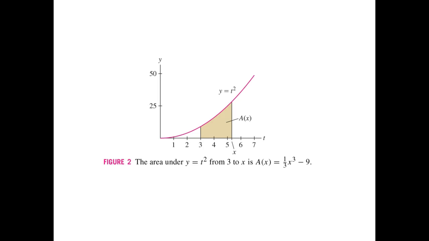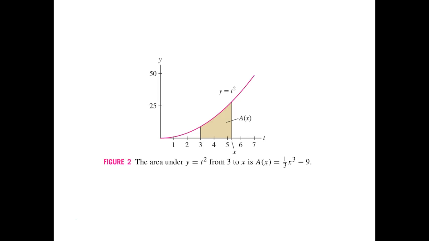Now, of course, this makes sense for any x greater than 3. If x is equal to 3, that's 0. Okay, no area. If it's less than 3, then you've got a negative area because you're going in the wrong direction. This is for any x greater than 3. This is the value. So if x is 7, plug in 7. If x is 4, plug in 4.